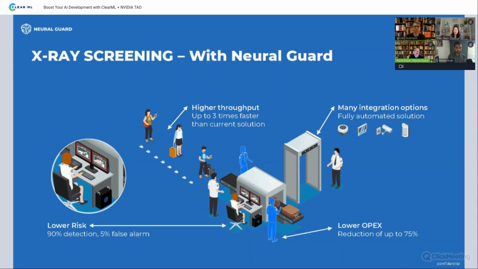What we do is we provide a device which connects to the X-ray machine, helping the human operator detect prohibited items in the X-ray image. We have a 90% detection rate with a very low false alarm rate, which means that your bag is not being opened unnecessarily, and the line is going 3 times faster.